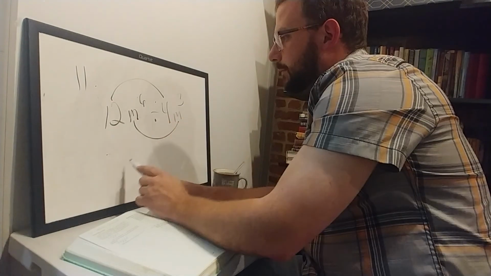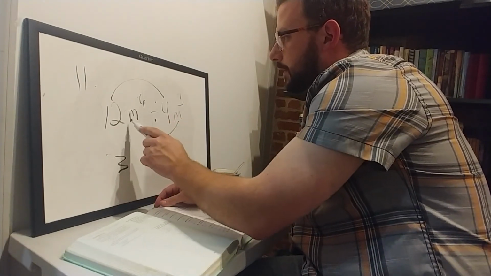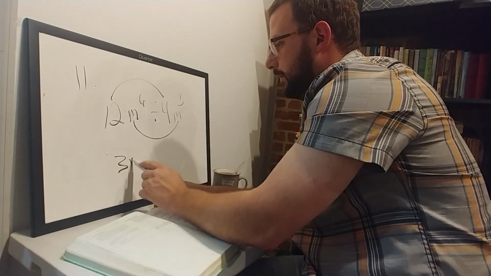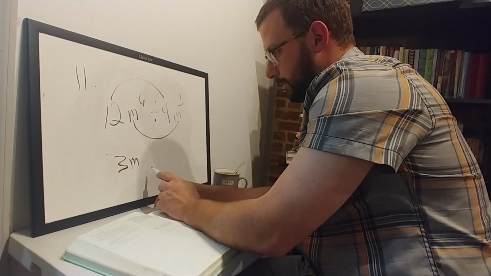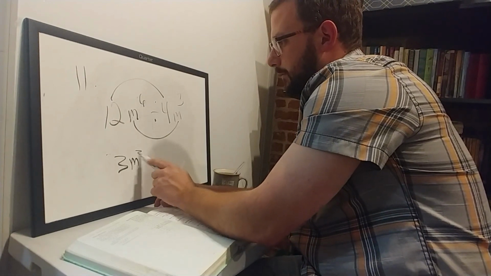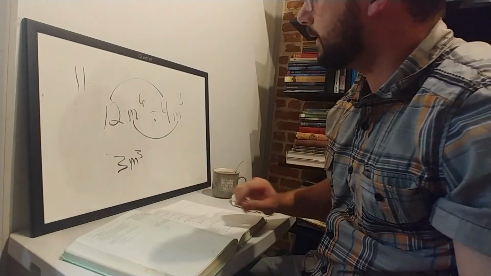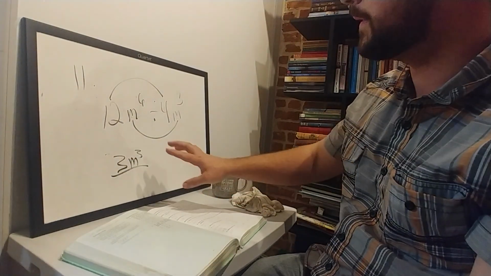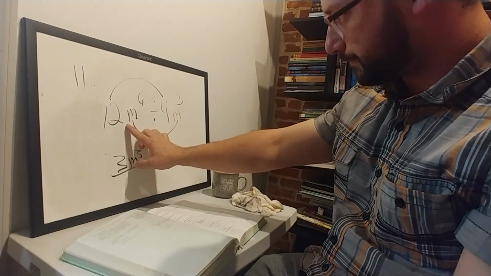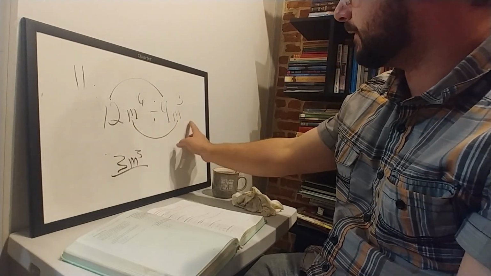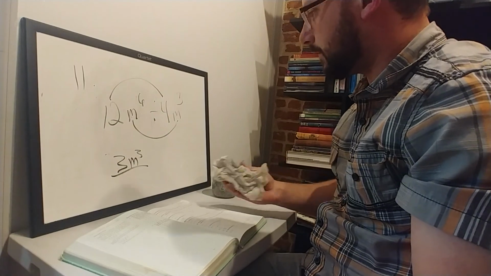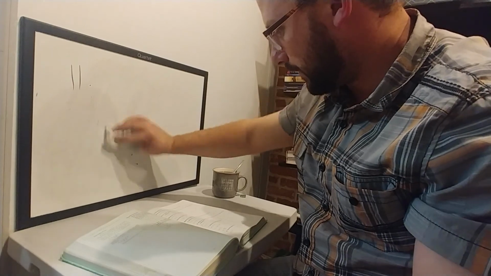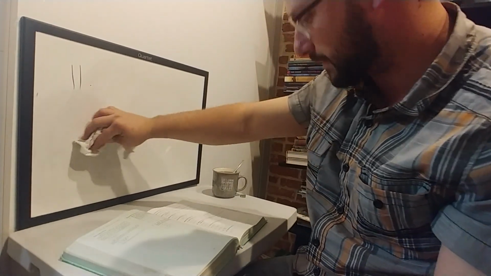So 12 divided by 4 is 3, and m to the 6th divided by m cubed, m to the 3rd. So the answer to this is 3m cubed. So yeah, a very similar one in 15, so watch that.